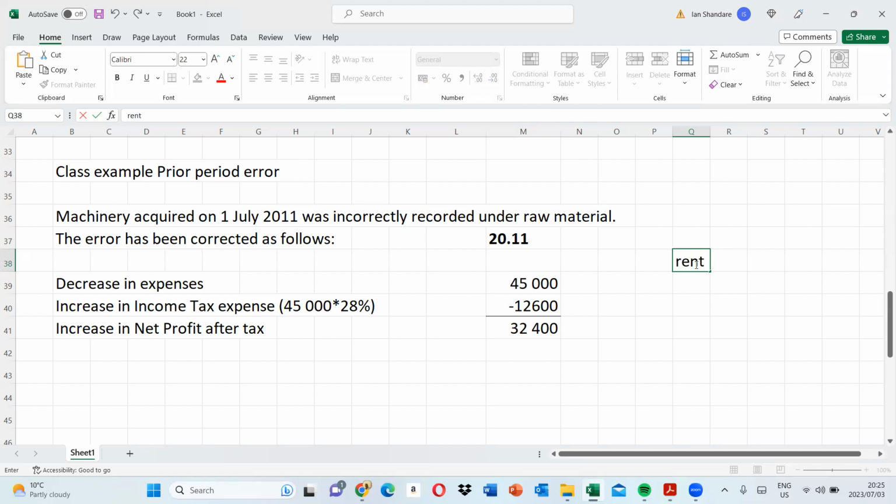Yeah, that part I understand, that part of decreasing the expense, because when we calculate it, we say gross profit less expenses. Yes. So it needs to be negative. So if we have to decrease the expense, we have to add it back. Yes. That part I understand.